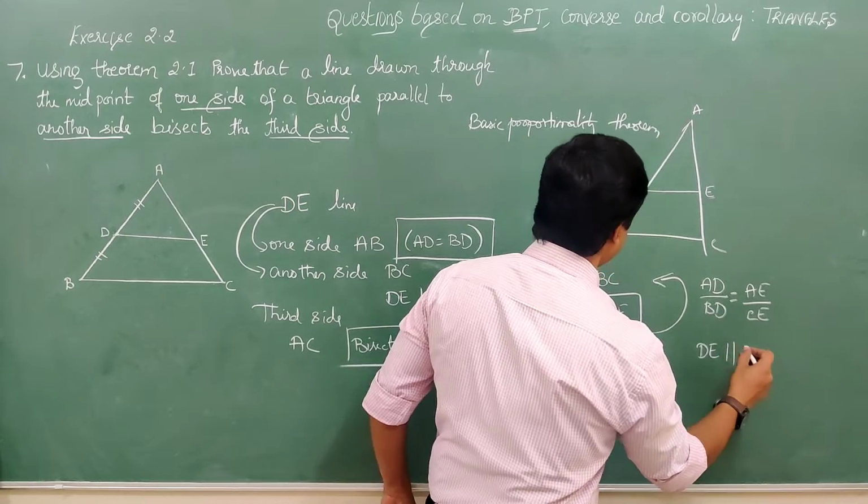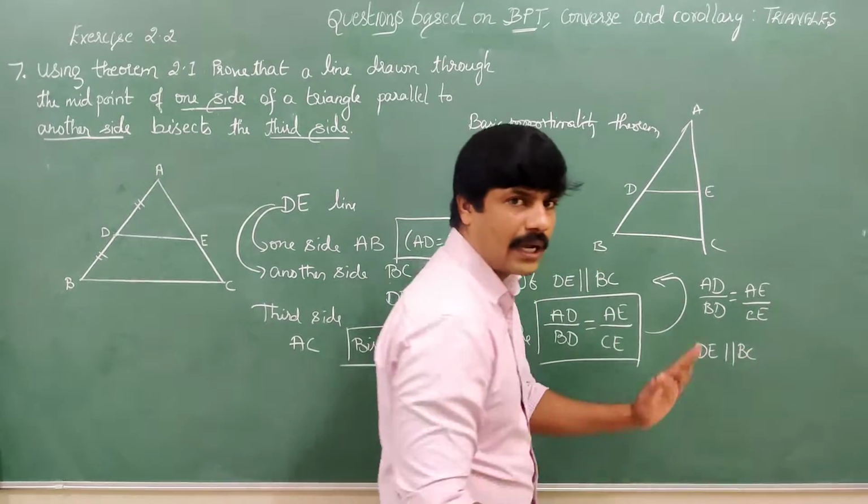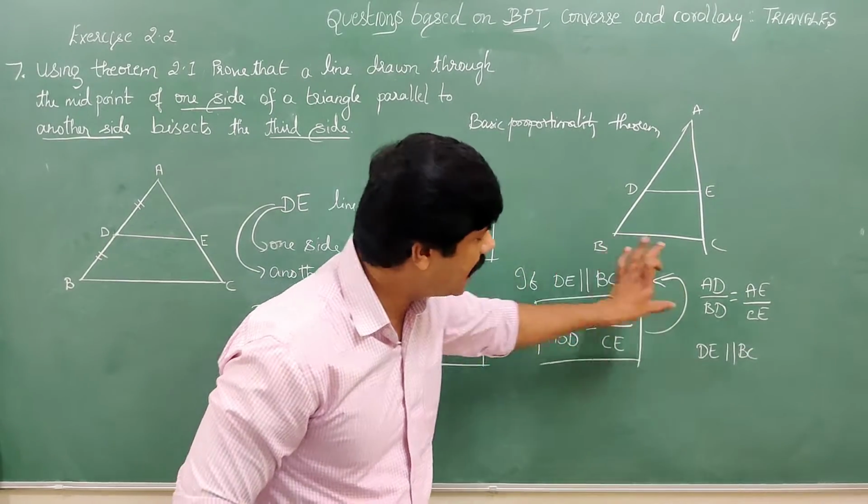DE is parallel to BC. This is the basic proportionality theorem and this is its converse.